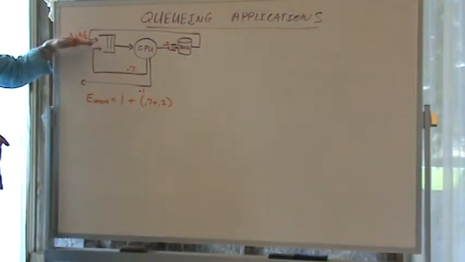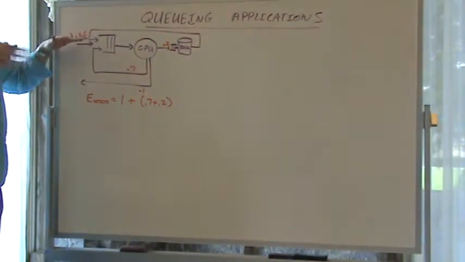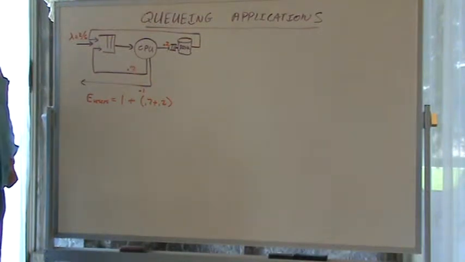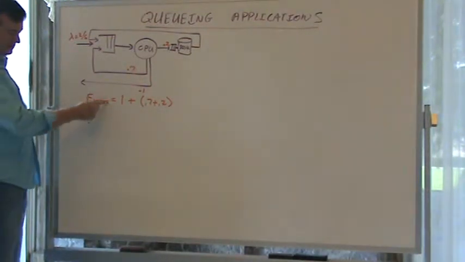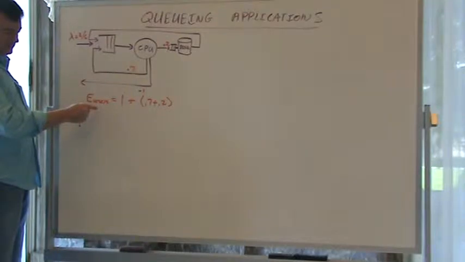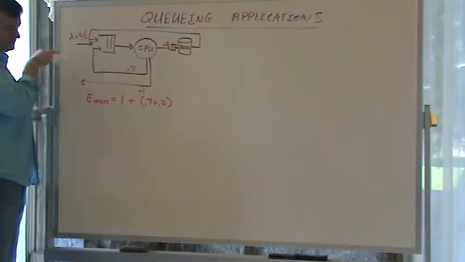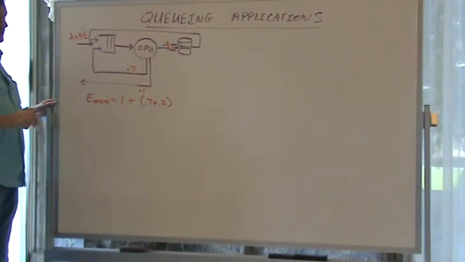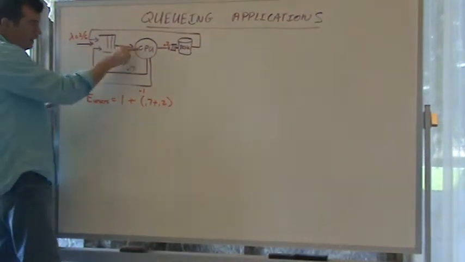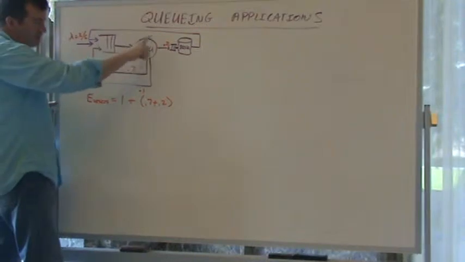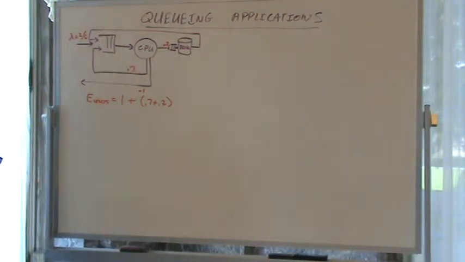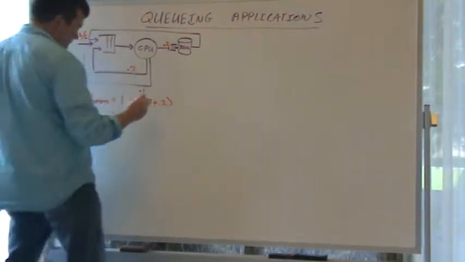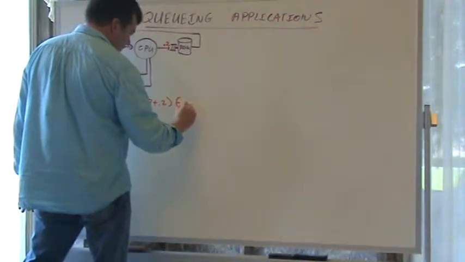Now, if we come back to this queue, from that point on, how many times do we expect to hit the CPU? That's exactly the same as the expected number of visits. The expected number of visits is, if you come in from the outside, how many times do you expect to hit this thing? That is equal to 1 plus 90% of the time you're going to start over. So that would be expected visits again.